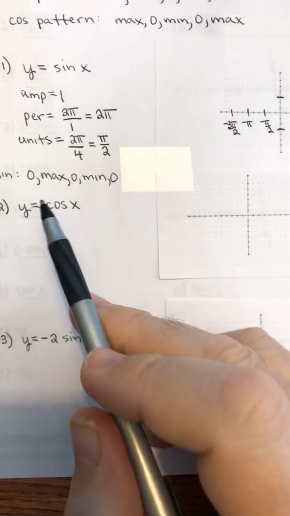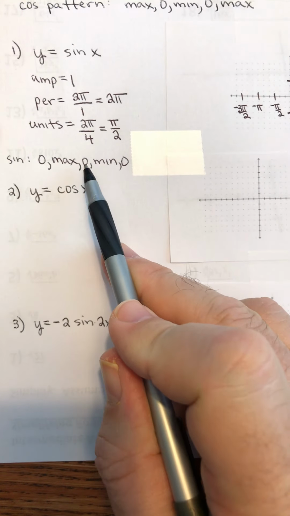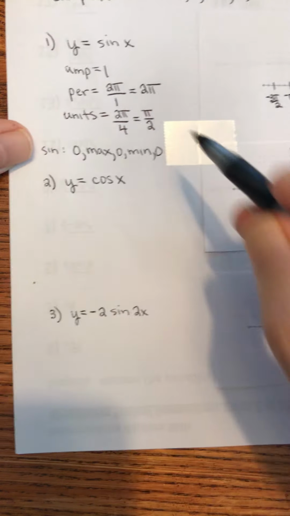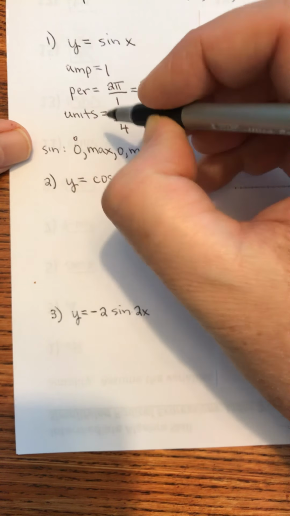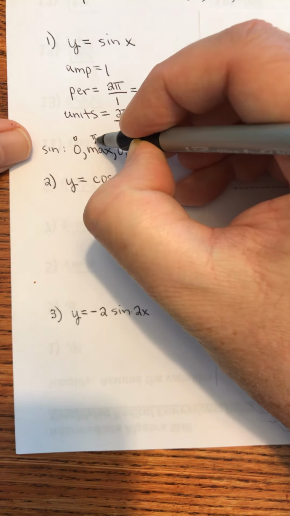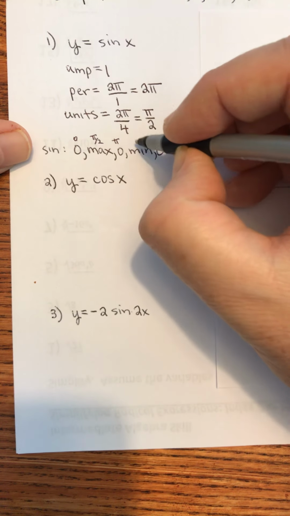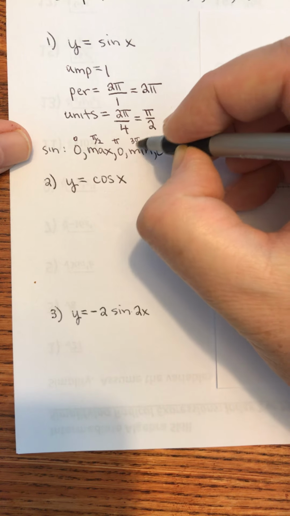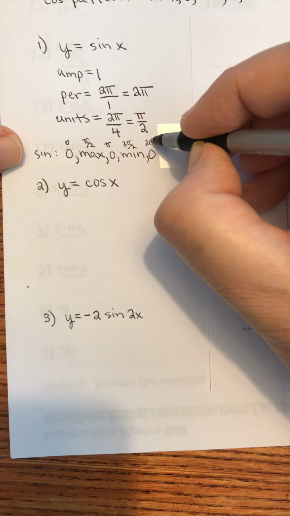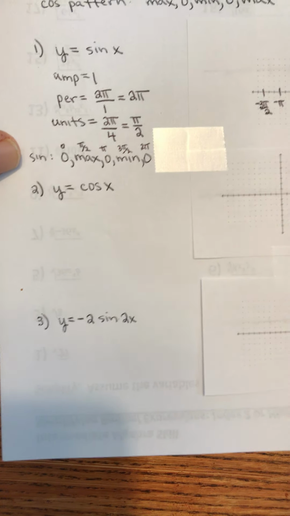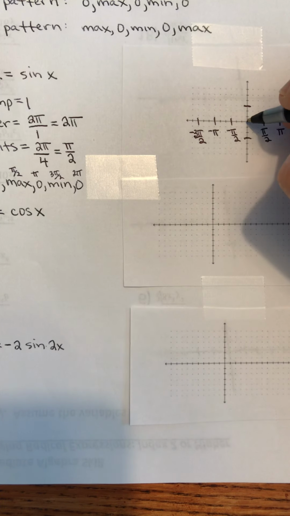And my pattern is 0, max, 0, min, 0. So this first one represents 0. The next one is the very first mark to the right, which is pi over 2. The next one's pi. The next one's 3 pi over 2, and so on. And they just continue on and on. So at 0, I'm at 0.